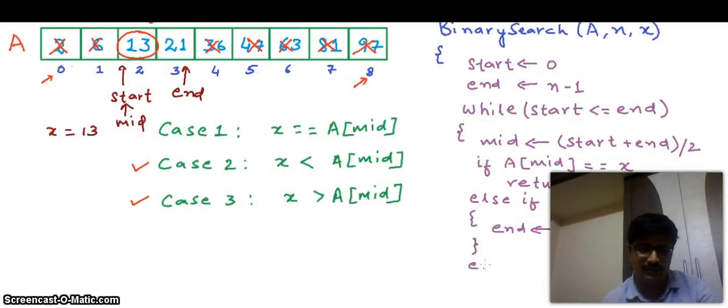In the third condition, which will be x greater than the middle element, which will be the default condition after these if and else if, we need to discard all the elements with index less than or equal to mid. So our start becomes mid plus 1. And if we exit this while loop without returning anything, then we return minus 1, which means that we did not find element x in the array.